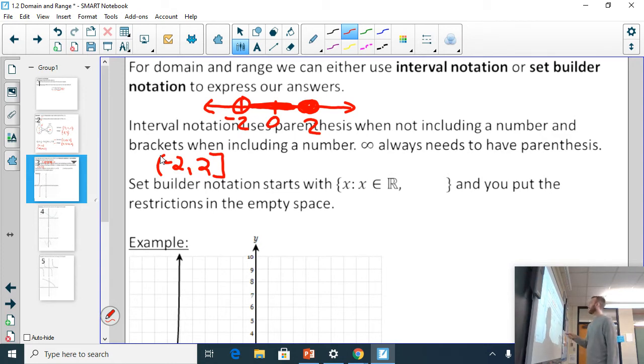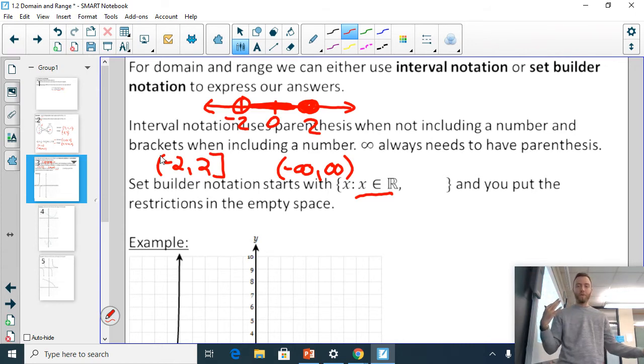And then whenever we have infinity, so if we have negative infinity to infinity, whenever there's an infinity, we use that parenthesis. And then set builder notation just starts with x, and then the colon means x such that, and then this says x is an element of the reals, or x is in the reals, and that's just saying that x can be any real number, right?